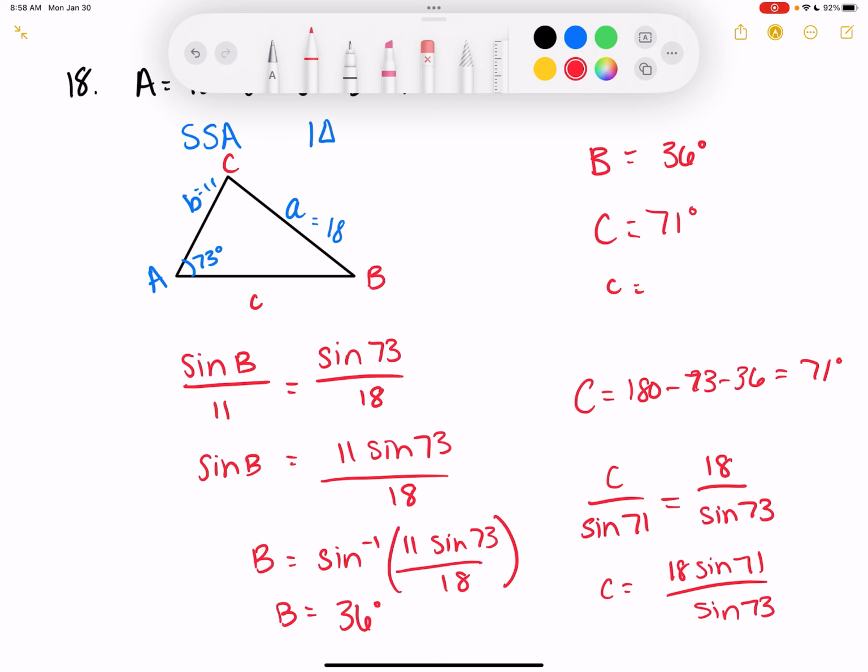And sine of 71 and sine of 73 are so close, they should be a very close value, almost like 1. So if you get something super obnoxious, obviously something's wrong. So then that has been solved.